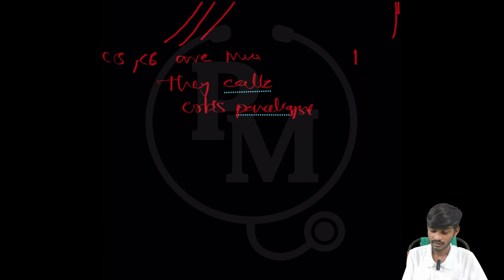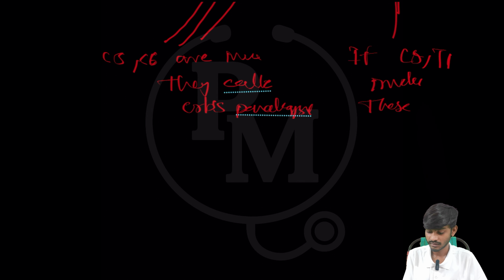If C8, T1, these lower roots, are involved, it is called Klumpke's paralysis.